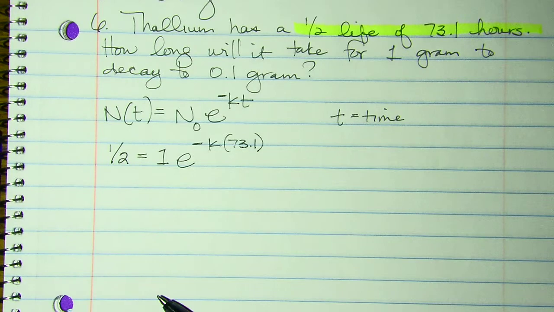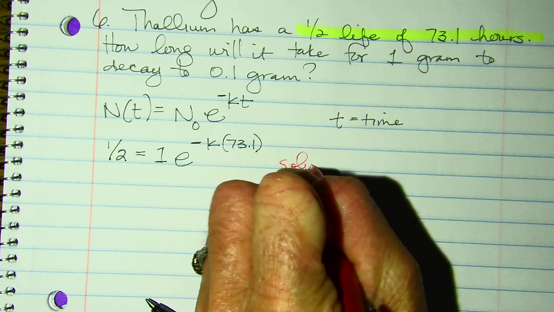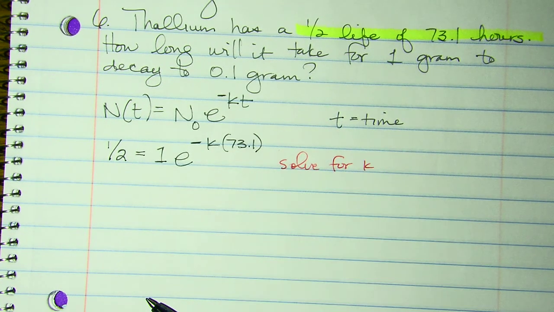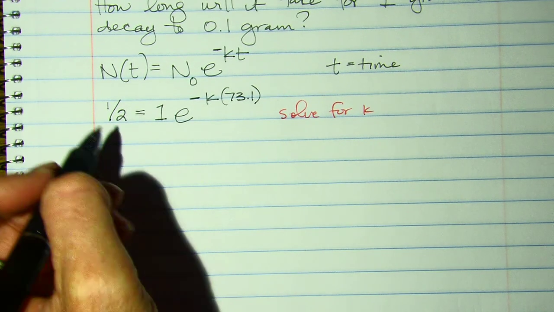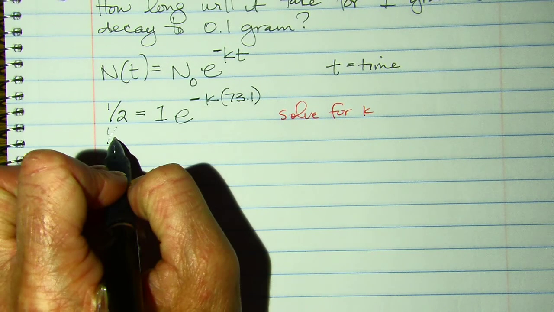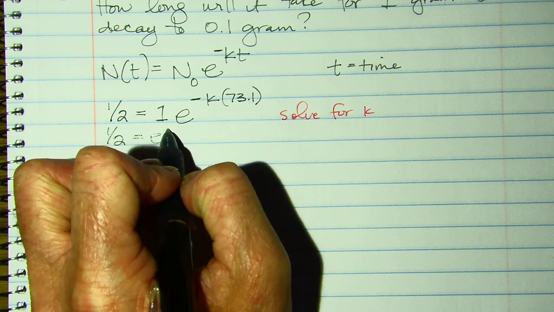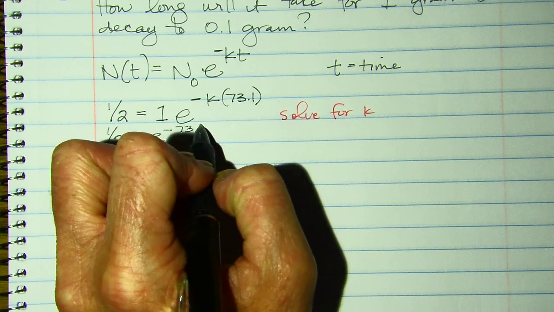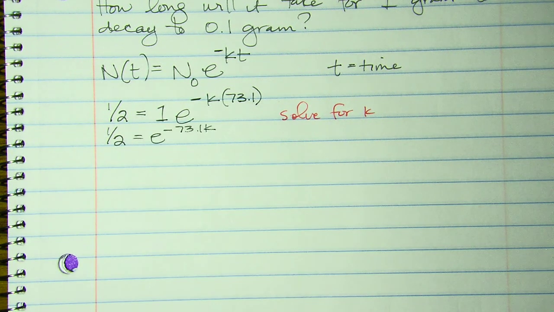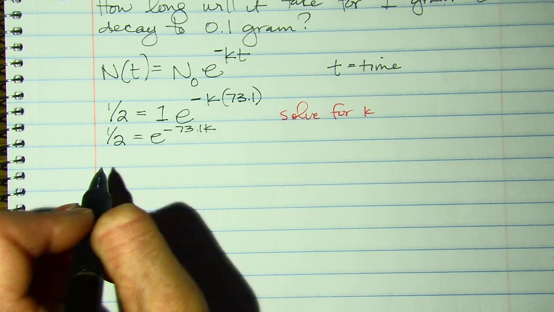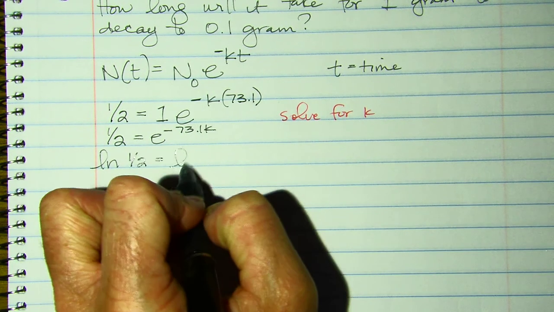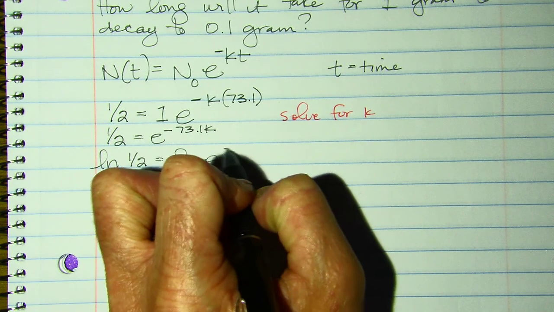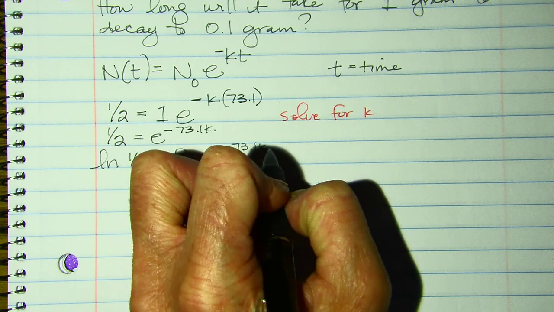And they told me 73.1 hours. So we have to solve for k. In order to do that, I'm going to divide both sides by 1. So I get 1/2 equals e to the negative 73.1 k. Now to solve this, I'm going to take the natural log of both sides. So the natural log of 1/2 is the natural log of e to the negative 73.1 k.